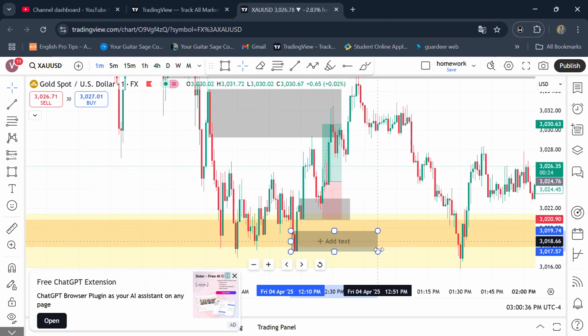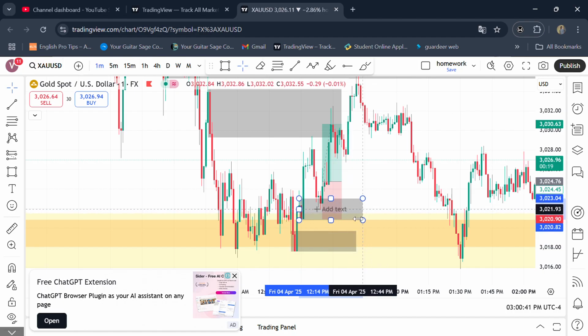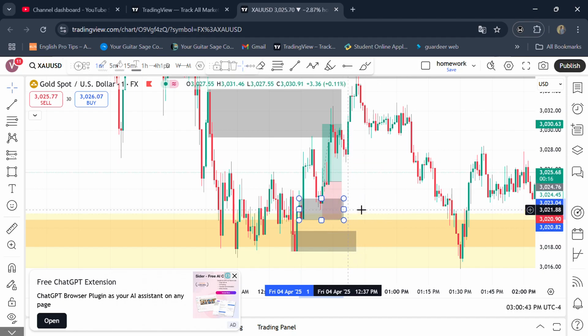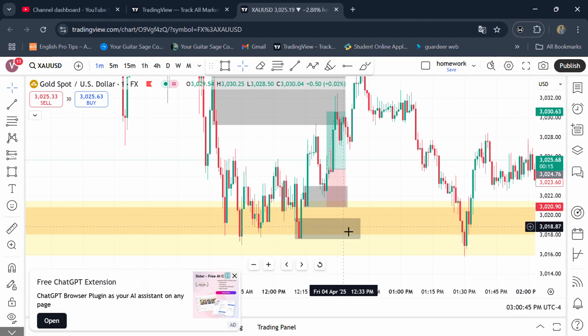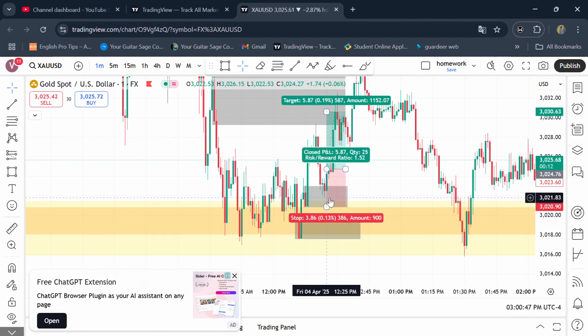You will see this order block got formed on 1 minute. Then there is this order block again on 1 minute. So we were unsure which order block would get respected.